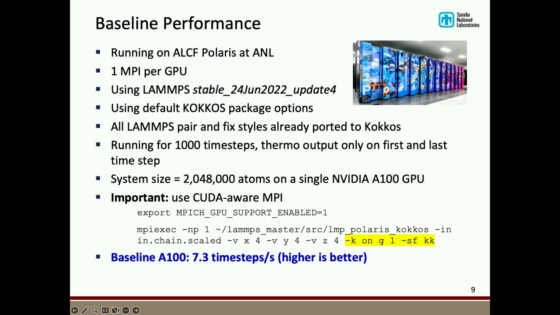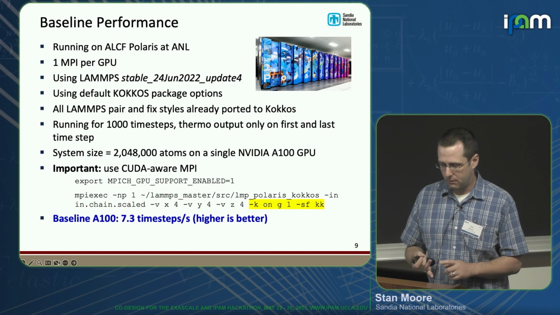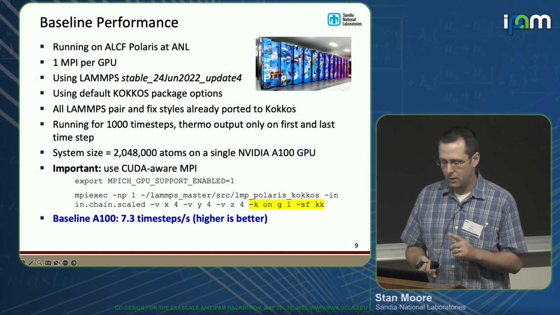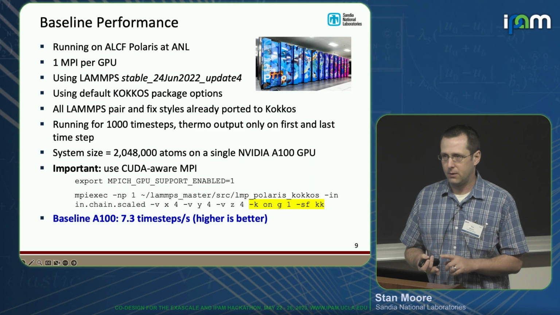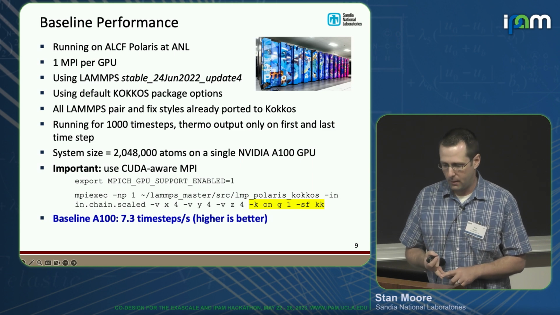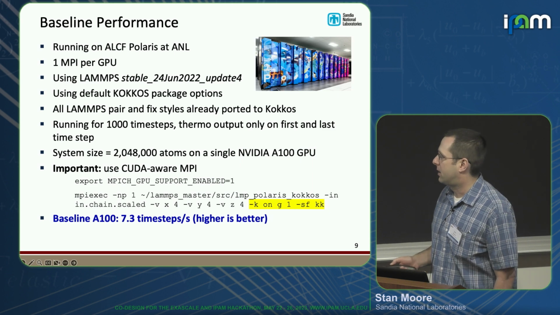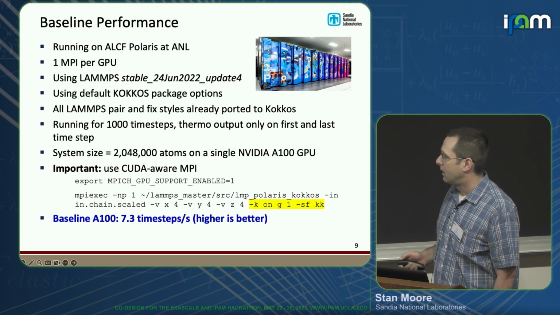I'll mention that all of the pair and fix styles are already ported to Kokkos. So the Lennard-Jones pairwise interactions, the force kernel, is ported. The Langevin and velocity Verlet time integrators are ported. The neighbor list build is ported. I'm running for 1,000 time steps, and I'm only doing thermo output on the first and last time step. I'm using 2 million atoms on a single A100 GPU.